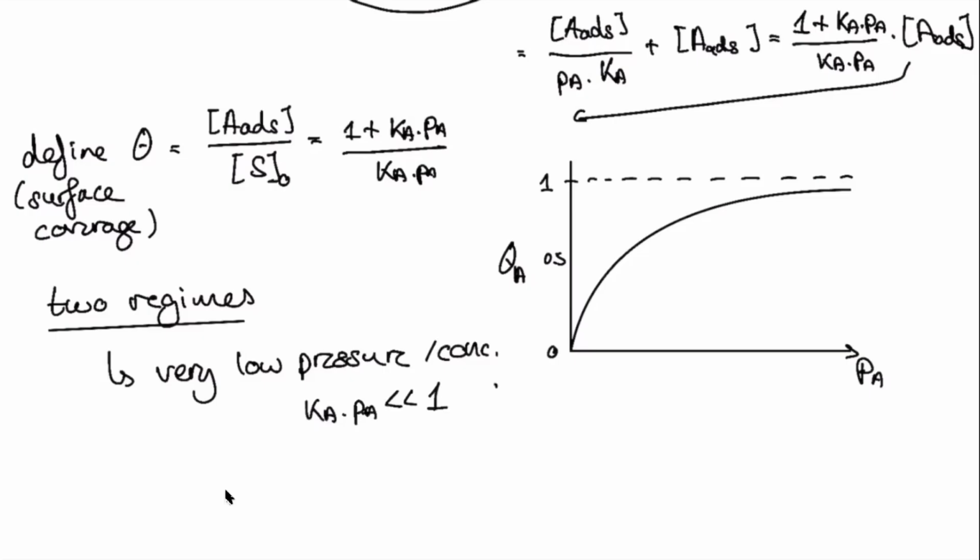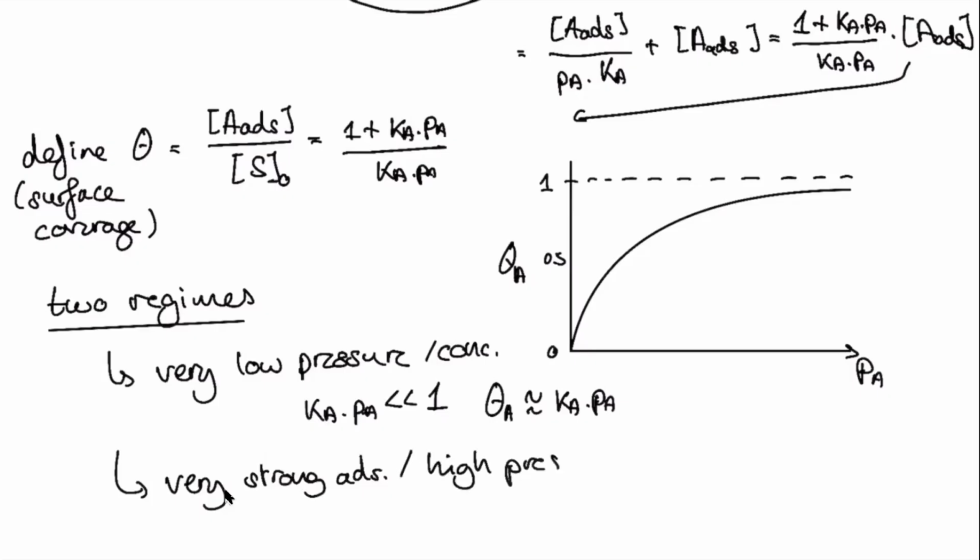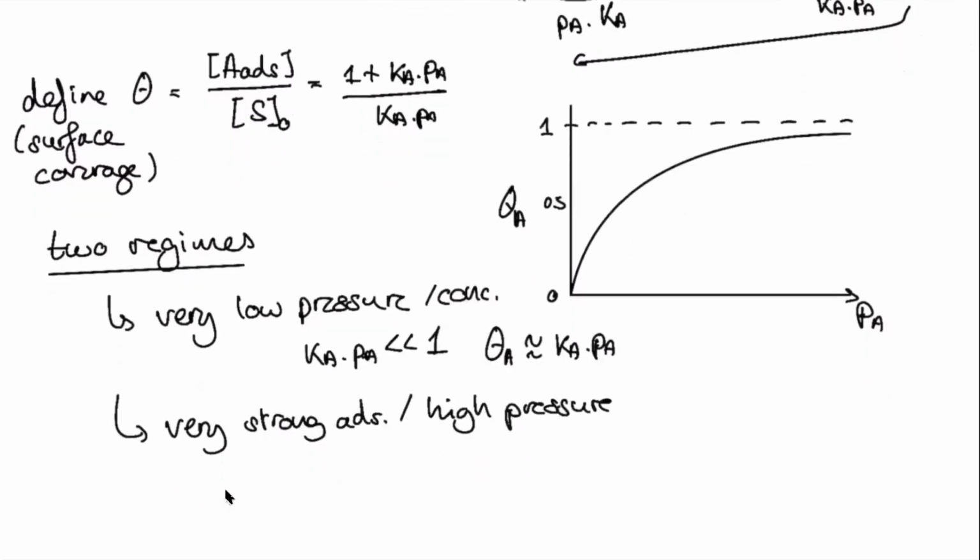So then the surface coverage is roughly Ka times Pa. Then there's the regime, very high pressure or strong adsorption. That means Ka times Pa is much larger than 1. Then theta is about 1.